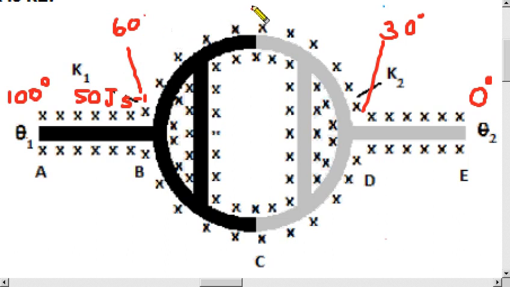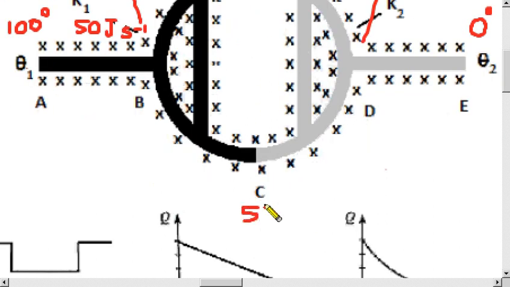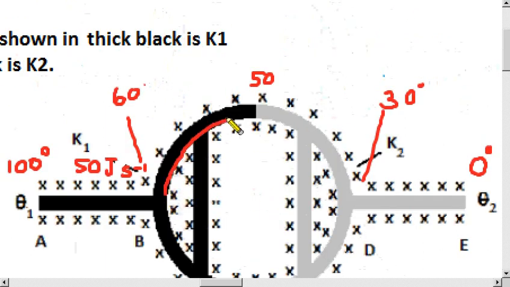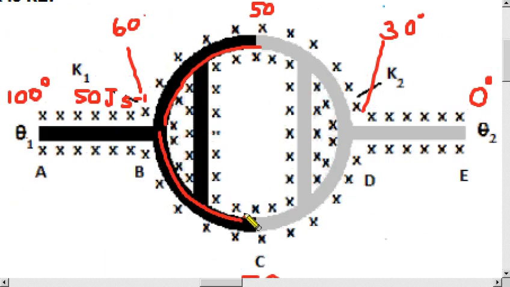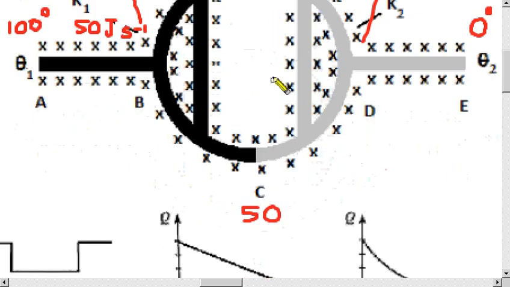So here suppose the temperature is 50. Then here also it must be 50 because the path is symmetrical. The path up to this level is symmetrical, and the path the heat has to go is also symmetrical. So therefore the temperatures must be equal.